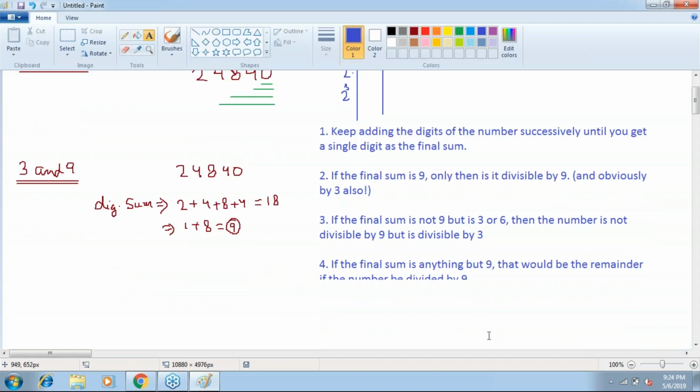Alright, the last line has been cut. Let me write it again for you. So please note this down and I'll give you examples for this.